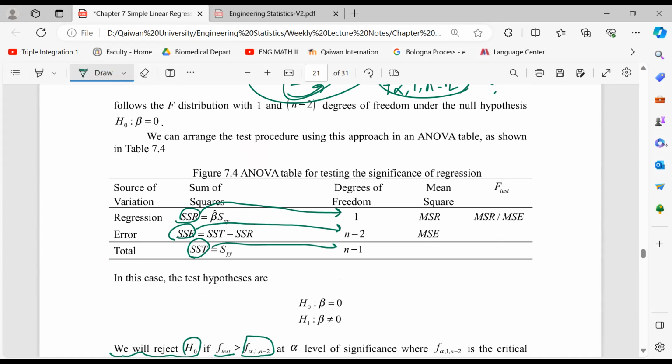This one is n-1. What's MSR? It is this one divided by 1. What's MSE? It's this one divided by n-2. We get MSE. How about the F test? F test is this one divided by this one. So, like this, we get the F test. It's the table.